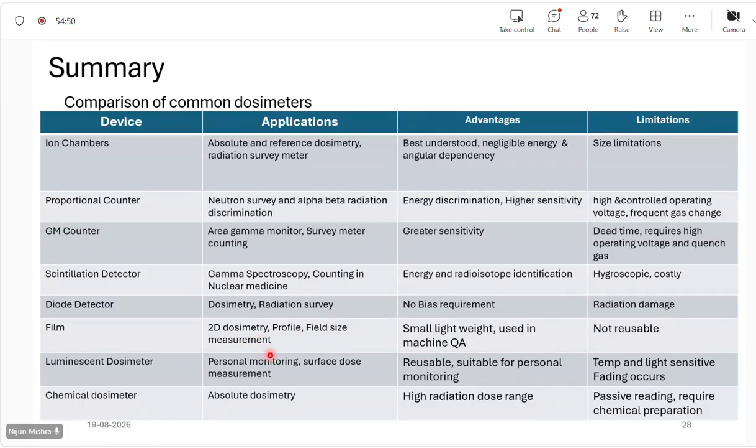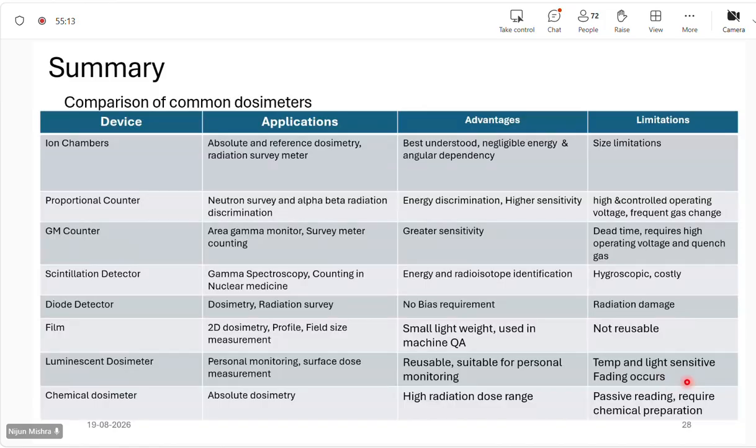Its advantages are small, lightweight, and used in machine QA, but it is not reusable. Similarly, the luminescent dosimeter is used for personal monitoring and surface dose measurement. It is reusable and suitable for personal monitoring; limitations are that it is temperature and light sensitive and fading occurs.